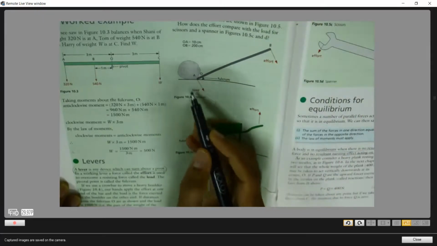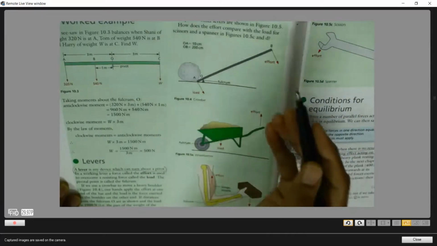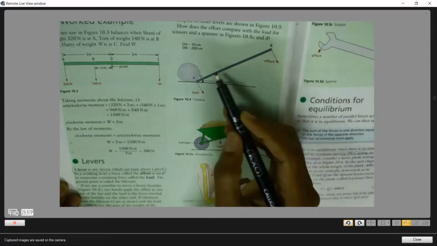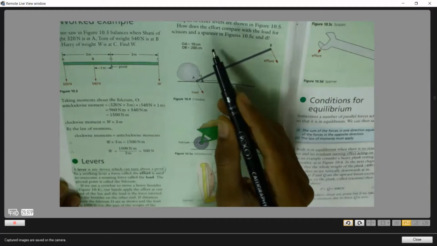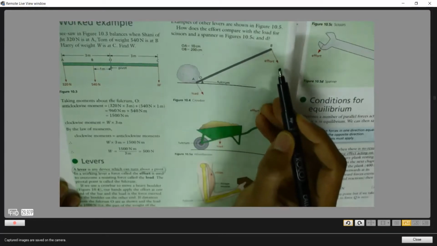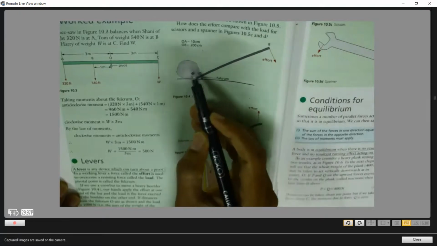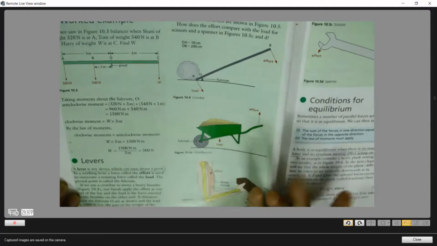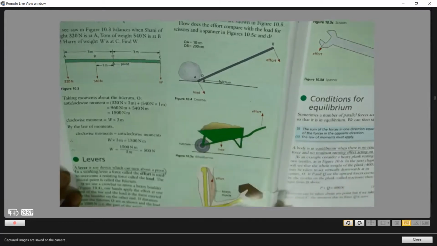And load is that force which is resisting your effort, okay? So if, for example, you're using this crowbar to lift this boulder, the force that you're applying at this end will be effort, and the weight of the boulder on the bar will be the load. Okay, simple. There is nothing much to explain.